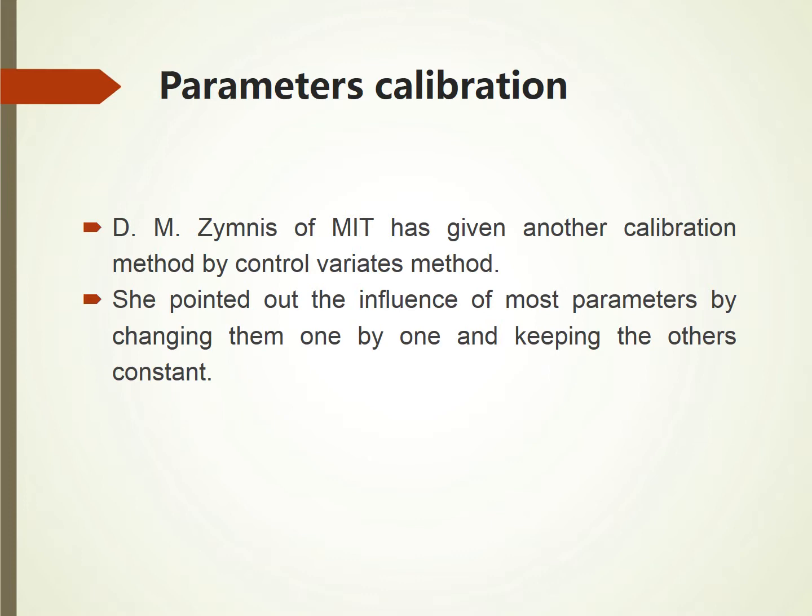Zimnis of MIT has given another calibration method by the control variables method. She pointed out the influence of most parameters by changing them one by one and keeping the others constant.